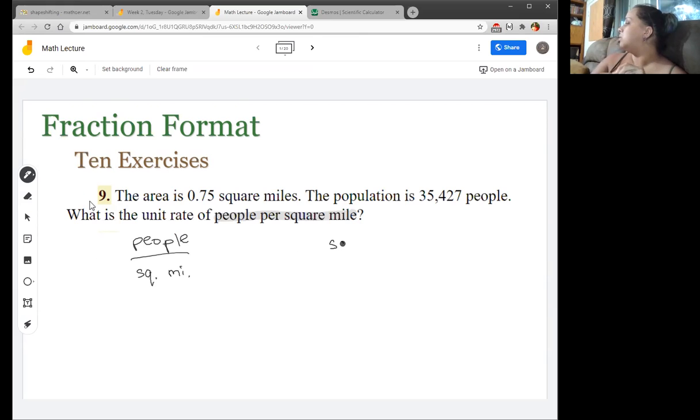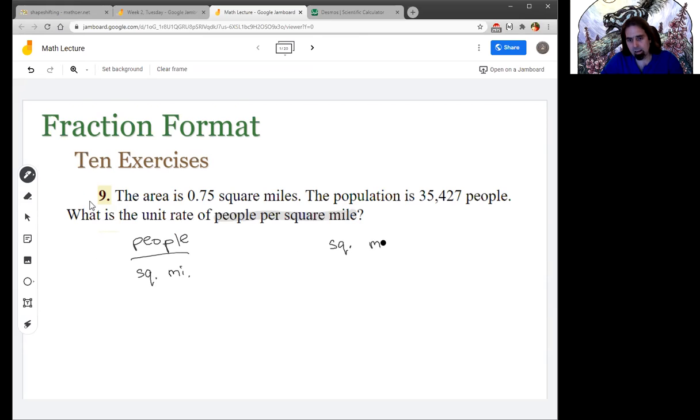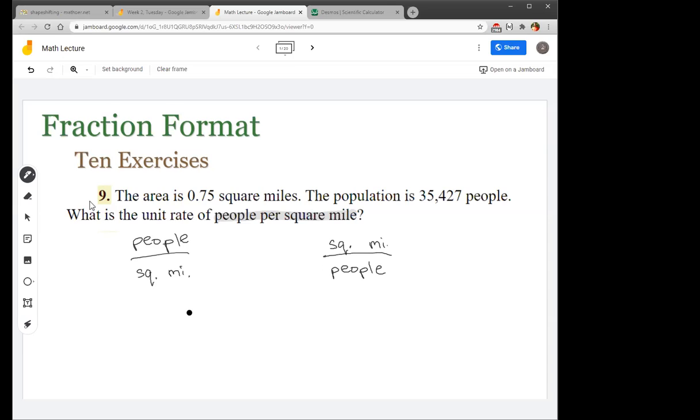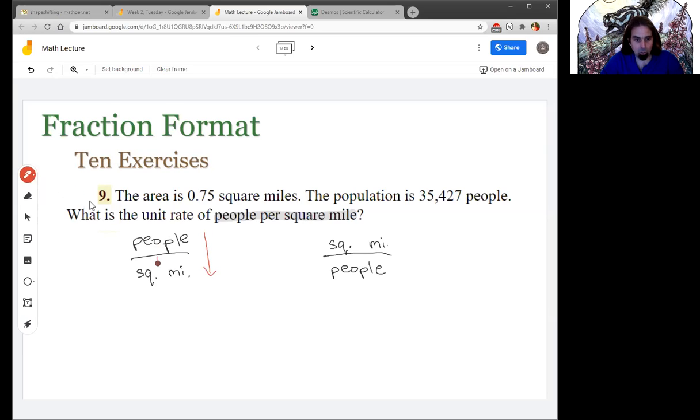Or do I want square mile on top and people on the bottom? Which way did I read it with per? People on top, right? We want people per square mile. So this one is wrong. This one makes us happy.